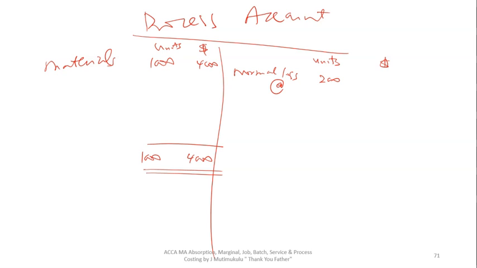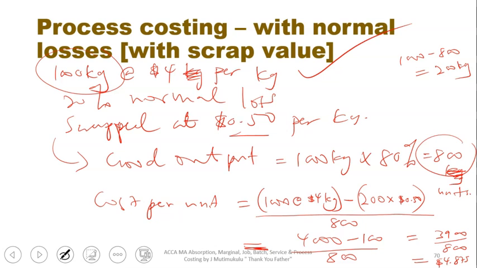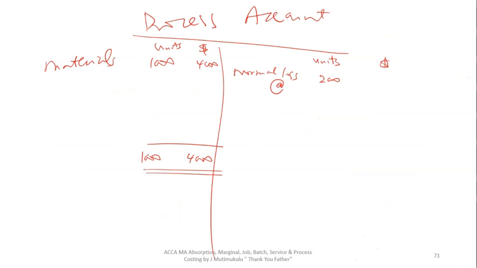The recoverable value of the normal loss was 50 cents, as you can see there. So that's their value at 50 cents. That's a dollar sign. Okay, so it means in total they cost $100.